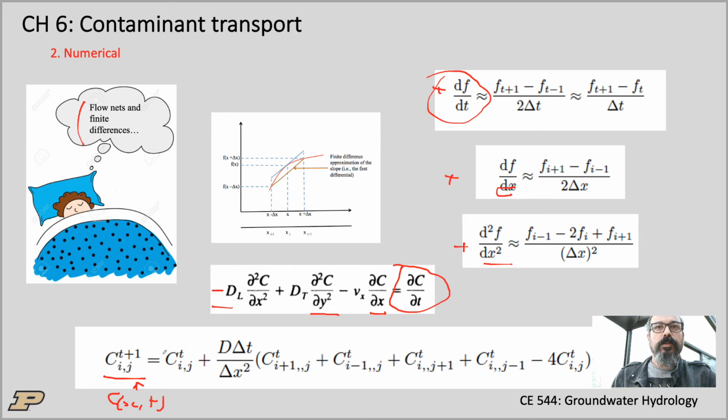We're looking at the solution in the future at that same place, plus some coefficient here, the dispersion coefficient, the delta t, right? The time step, delta x, which is the spatial step, and then again the 4 neighbors, basically. And you remember that from before, right? Basically, when we do simple 2D finite difference, we take the 4 neighboring cells to find the value in this cell. So this is, again, the finite difference equivalent for a simple advection dispersion equation solution.